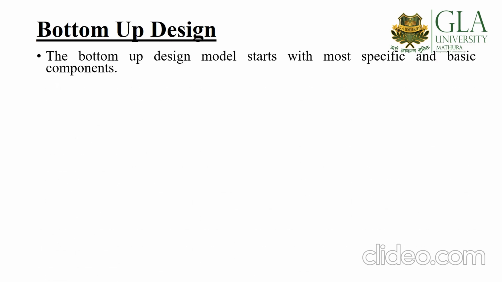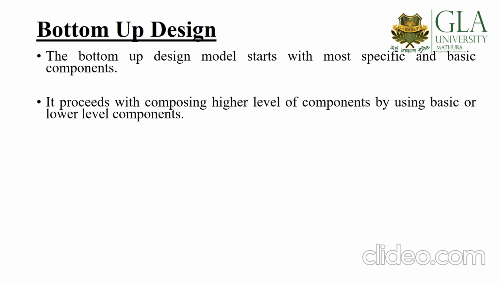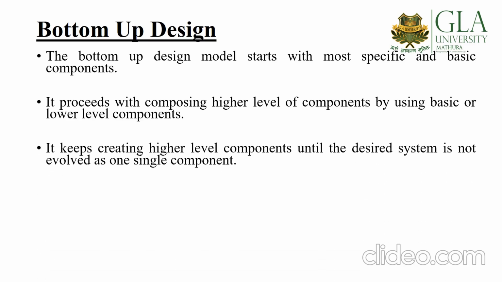The bottom up design model starts with the most specific and basic components. It proceeds with composing higher level components by using basic or lower level components. It keeps creating higher level components until the desired system has evolved as one single component.